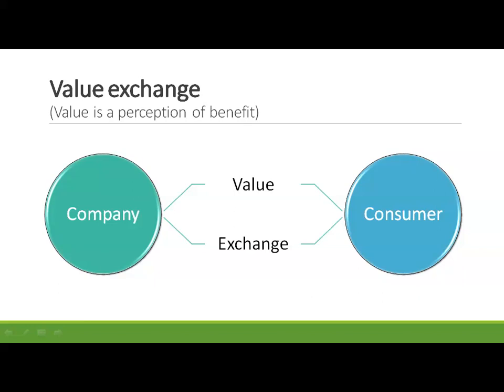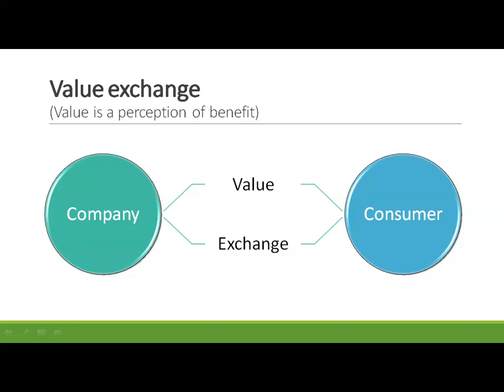And in return, consumers are returning money. In terms of money, the company is getting benefits. So value is a perception of benefits rather than something that is material. It may or may not be quantifiable, and it may be highly valued or of limited value. It may also be subconscious rather than consciously assessed.